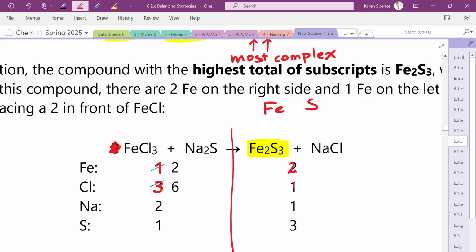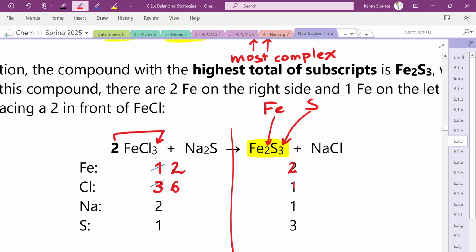Now, if we put that 2 back in there, because I need to have 2 irons, that gives us 2 irons, but remember that also changes the chloride, so that gives us 6 chlorides. So far, so good? Okay. Second thing we need to do is sulfur. We have 3 sulfur here.